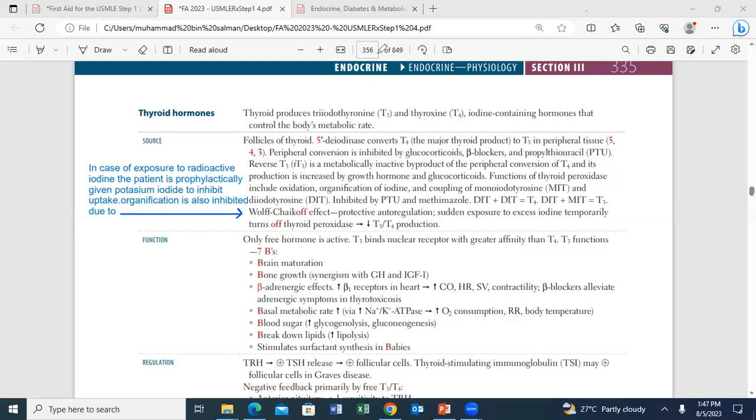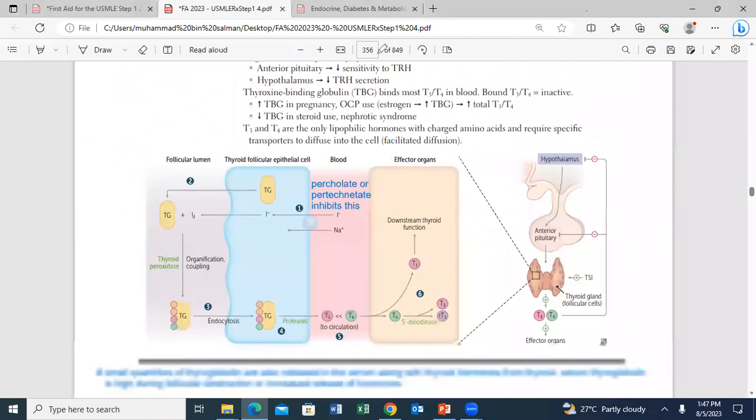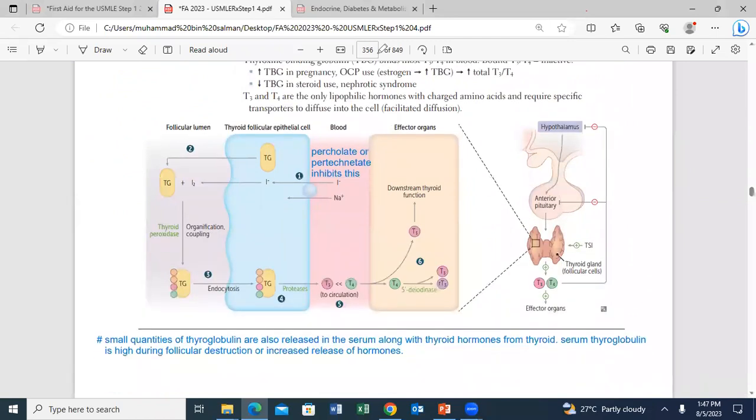Now what happens when we give potassium iodide? Potassium iodide also competitively inhibits the absorption of radioactive iodine. What basically we are concerned about is that you can see there is intake of iodine. Now, if there is radioactive iodine, we have a fear that if the thyroid takes in the radioactive iodine, that radioactive iodine will destroy the thyroid gland because of the radiation.